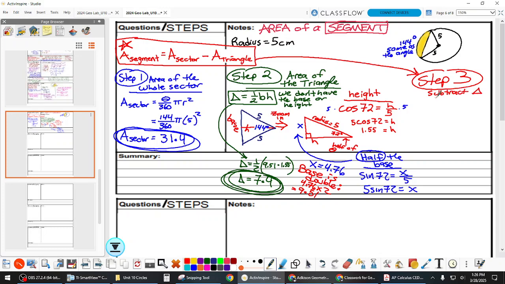So subtract triangle from sector. And we get 31.4 minus 7.4. So that is triangle. The blue one is sector. 31.4 minus 7.4 equals 24. And this is an area, so it's centimeters squared.